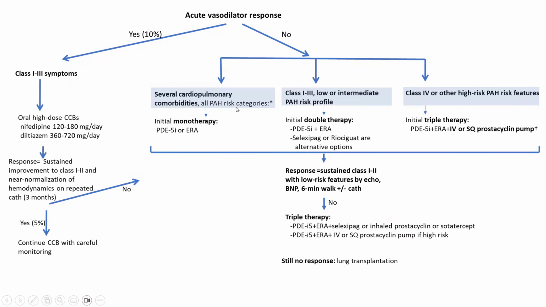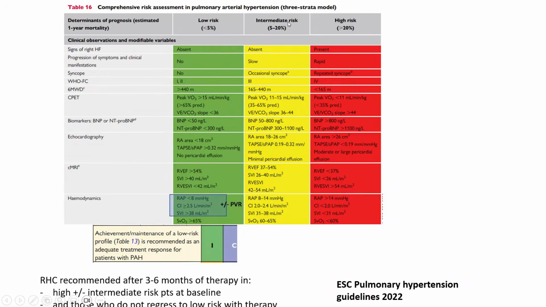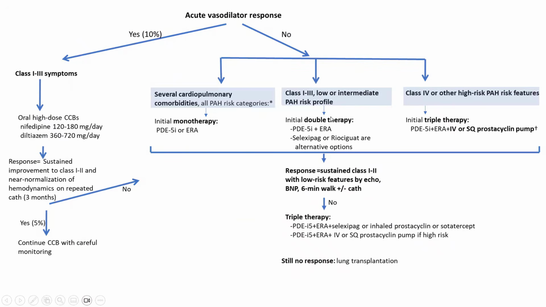And this is the treatment algorithm. Whenever you have that left heart failure phenotype, or when you have cardiopulmonary comorbidities, we typically start initial monotherapy with PDE5 or ERA. For most patients, we start double therapy because most patients fall into that low or intermediate risk PAH profile, and we give them double therapy, typically PDE5 plus ERA.